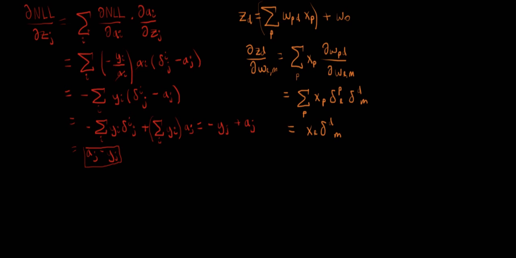Okay, so the derivative of NLL with respect to WLM is going to be the sum over D of dNLL with respect to CD times derivative ZD with respect to WLM.